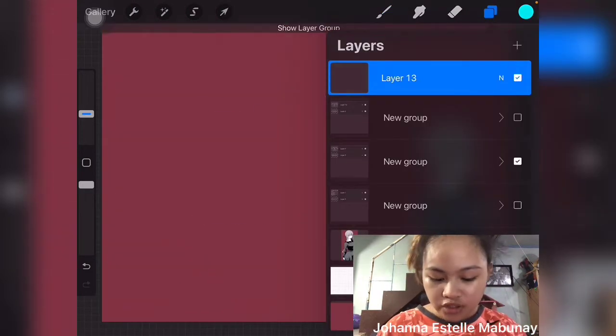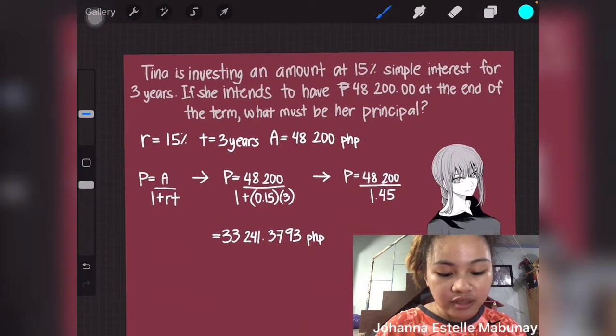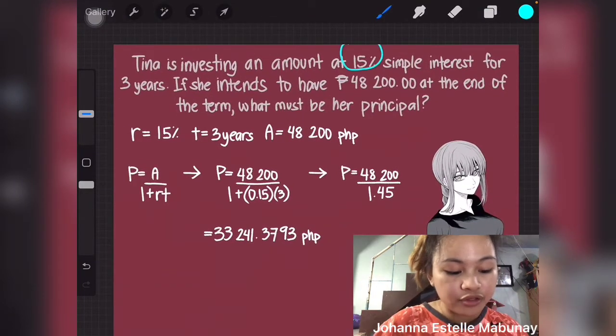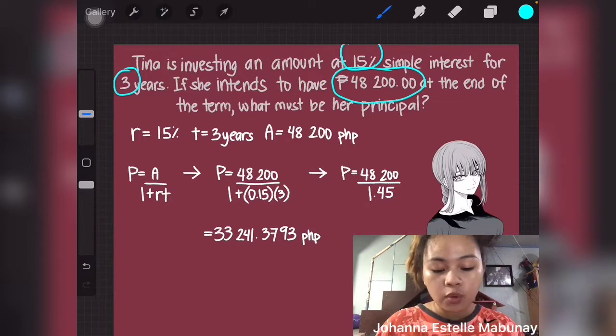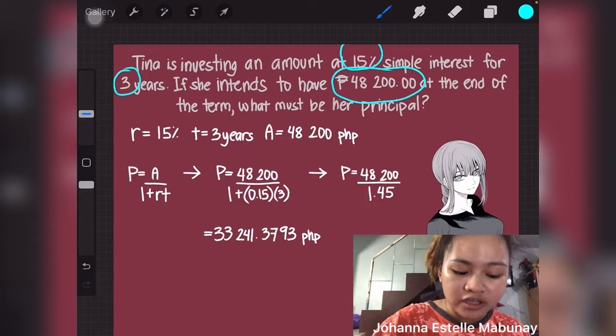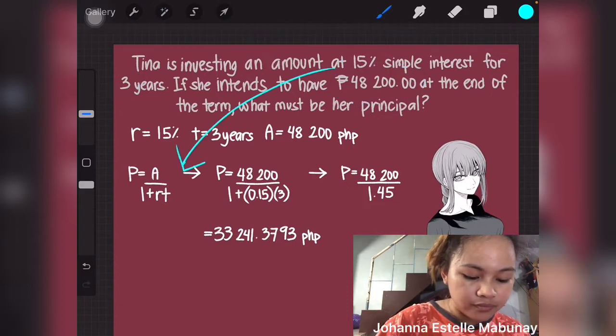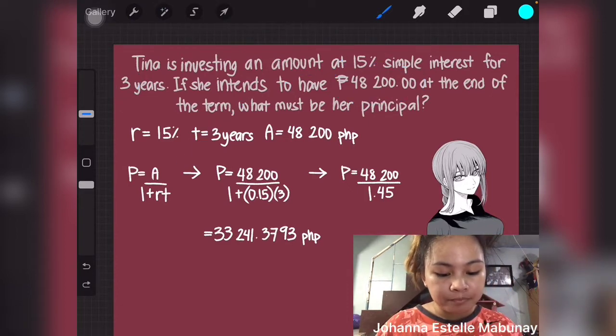So fourth question. Tina is investing an amount at 15% simple interest for 3 years. If she intends to have 48,200 pesos at the end of the term, what must be her principal? So I've encircled the given, and we're going to input the given into our formula. So since we're finding the principal, our formula is P is equals to A divided by 1 plus RT.